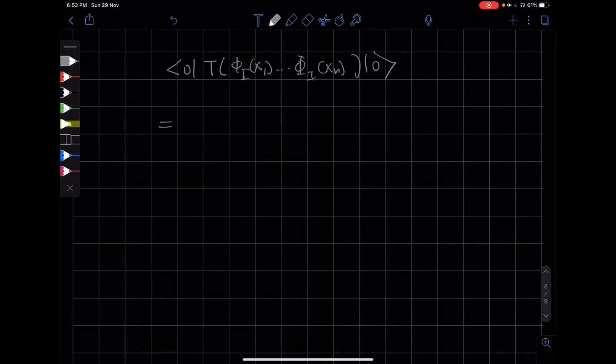But we're just going to use our usual shorthand notation and write the time-ordered product using Wick's theorem as the normal ordered product of phi 1 through phi n, and then all possible contractions.